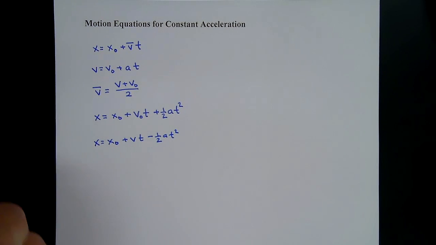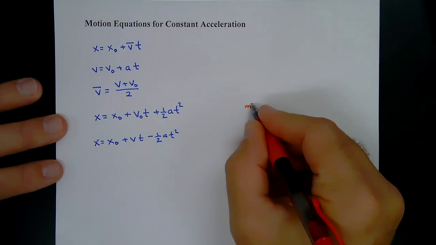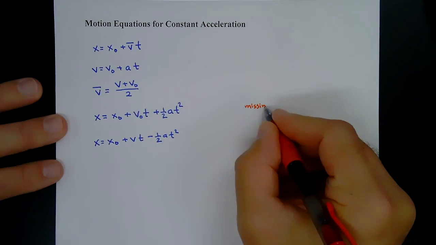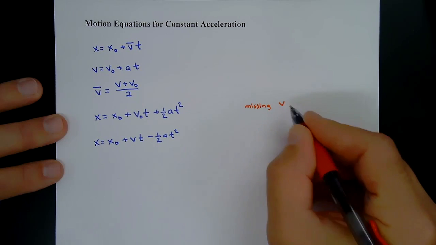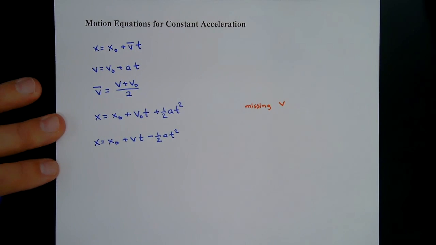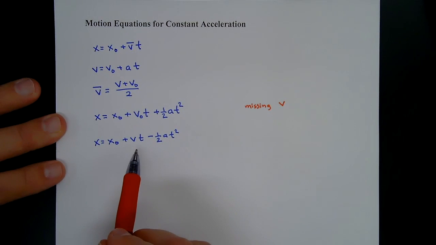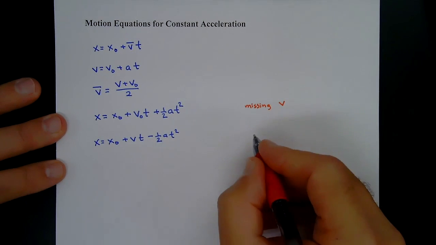All right. So this one right here is missing v. So if you have v, you don't want to use this one, okay? This one right here is missing the original velocity.